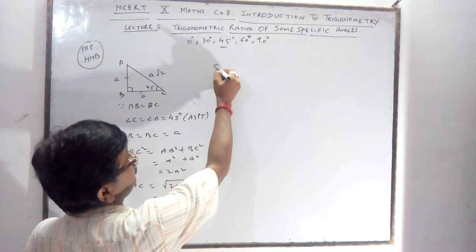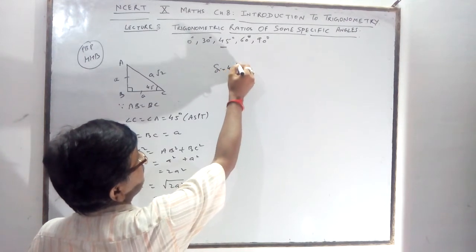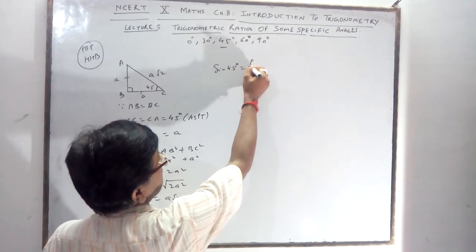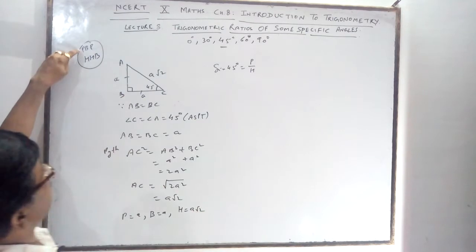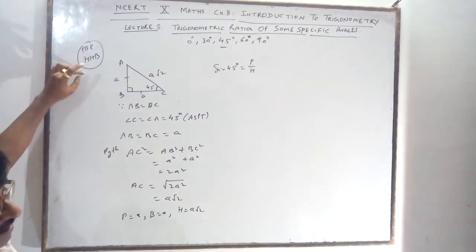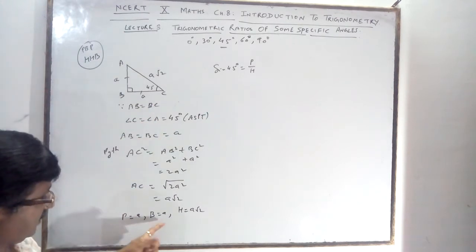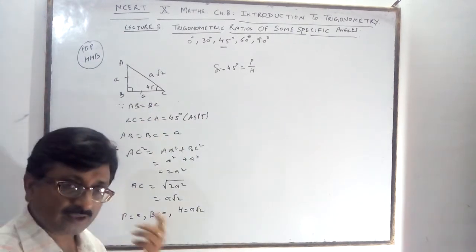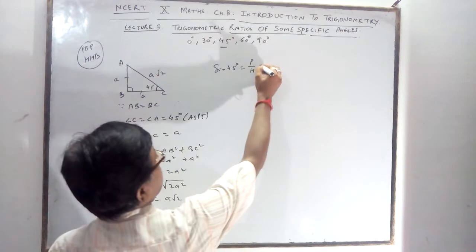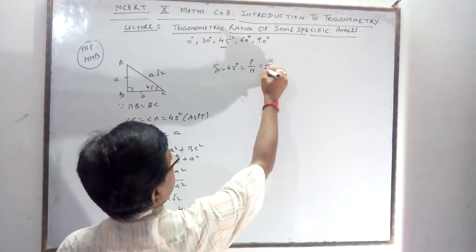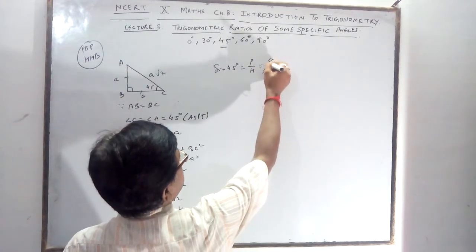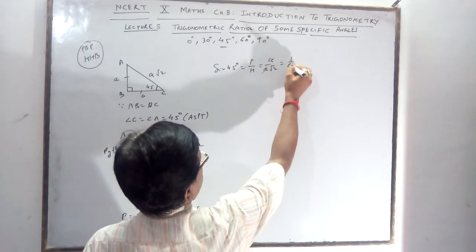What is sine 45 degree? Sine 45 degree is P upon H, perpendicular upon hypotenuse. Base or perpendicular, no matter, you are getting the same thing. So you write A upon A under root 2, so it is 1 by root 2.